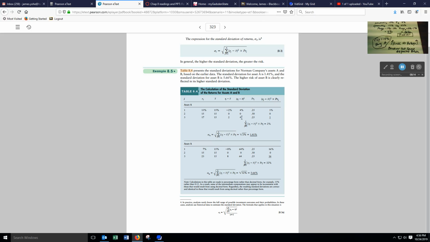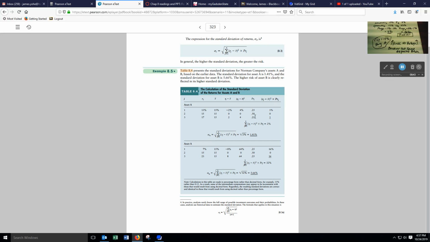We take each one of these squared deviations about the mean, the return for that scenario minus the mean return for the asset, and we multiply it by its probability. So the probability of a pessimistic event is 0.25 times 4%, that's 1%. 0 times 50%, or 0.5 probability, is 0.